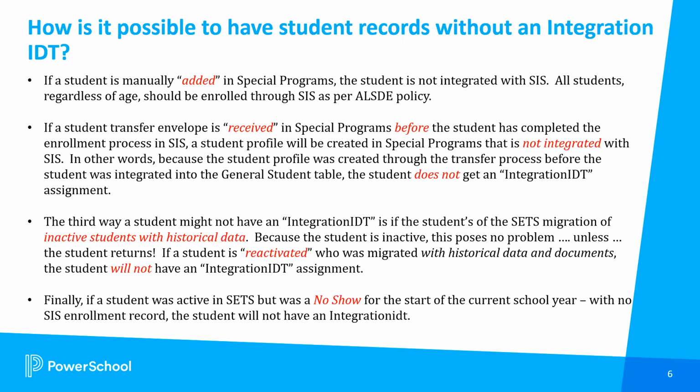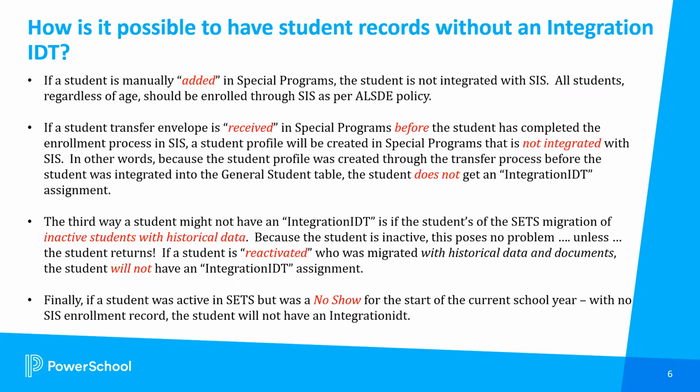All of your students are enrolled in SIS. And in order for you to work with that student, they have to come over via integration into your general table. From your general table, you import them into your student table. We know that that took some time this year. We understand the issue with the provisional IDs.